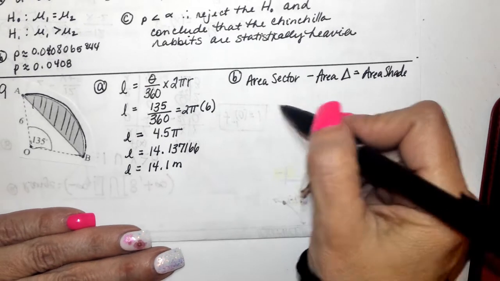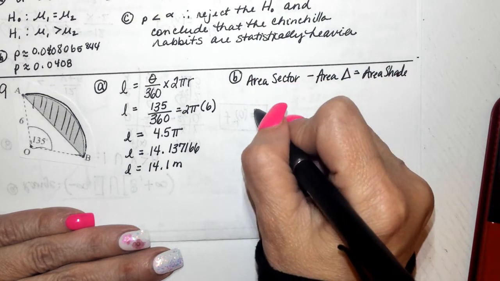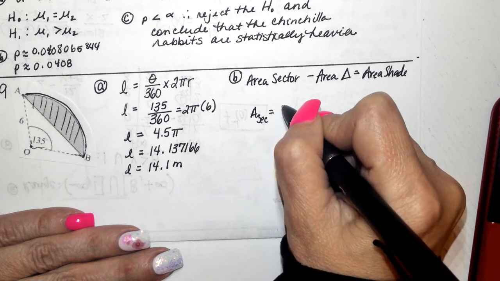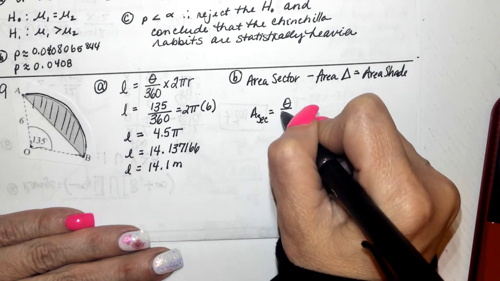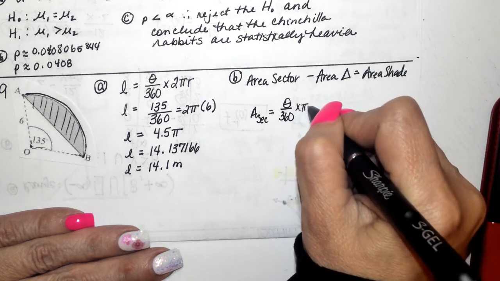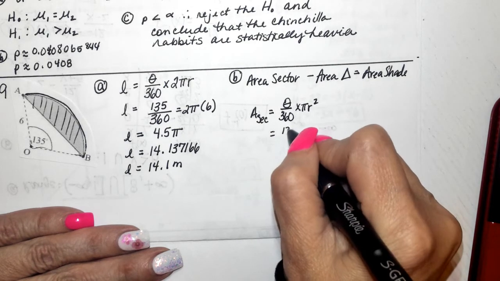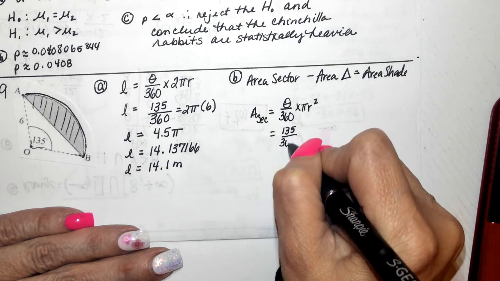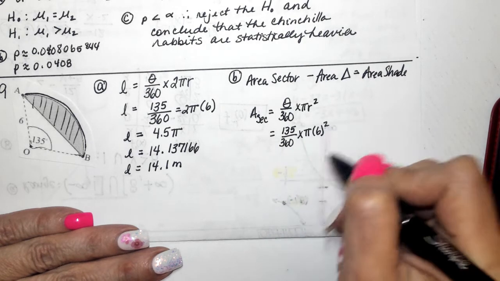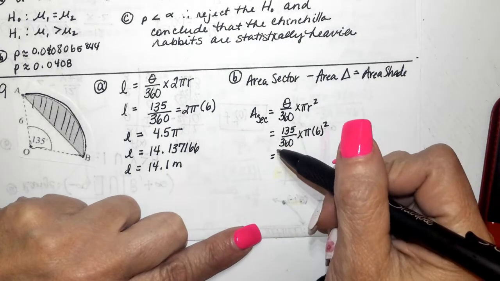Okay? So let's find the area of the sector. Well, you have a formula for the area of the sector: theta divided by 360 times pi r squared. So theta is 135 divided by 360 times pi times r squared. All right, that's not too terribly hard to work right there.